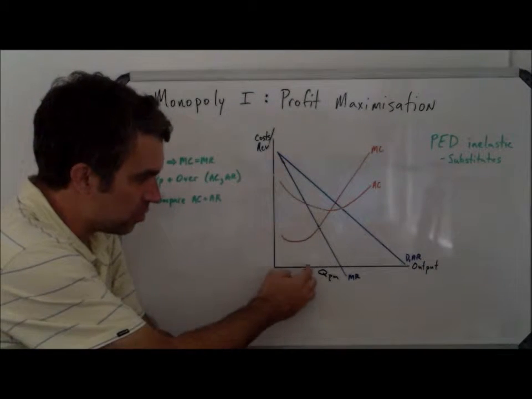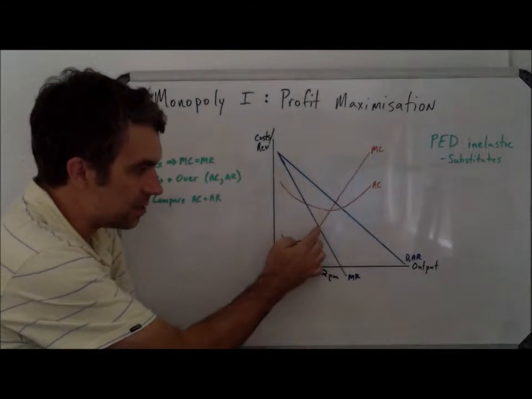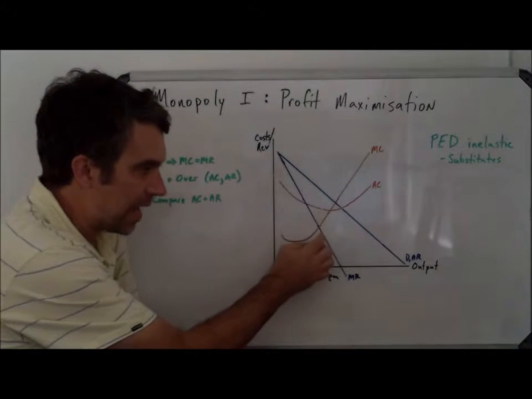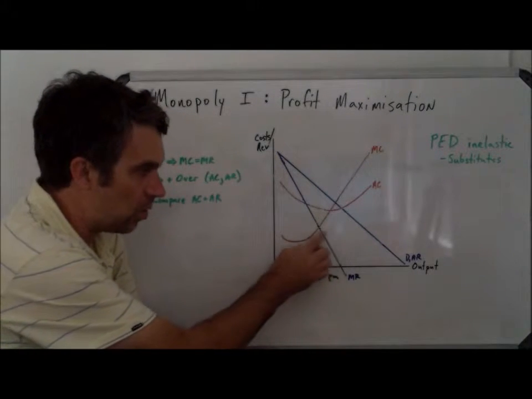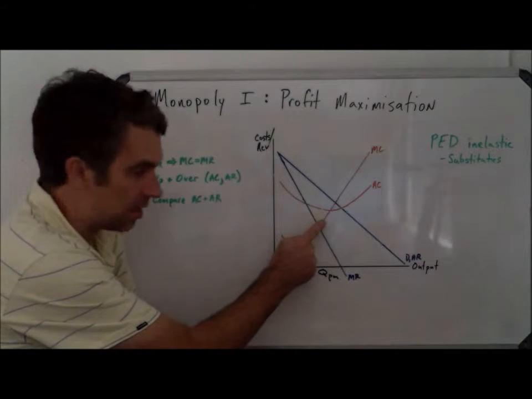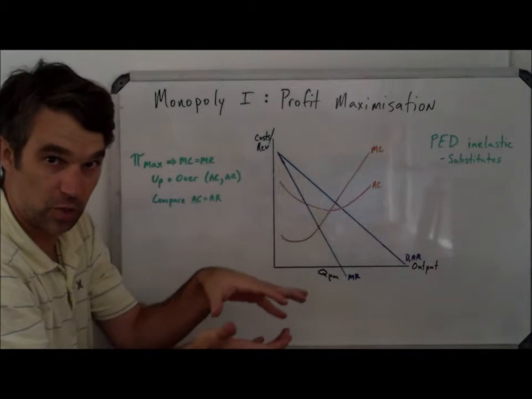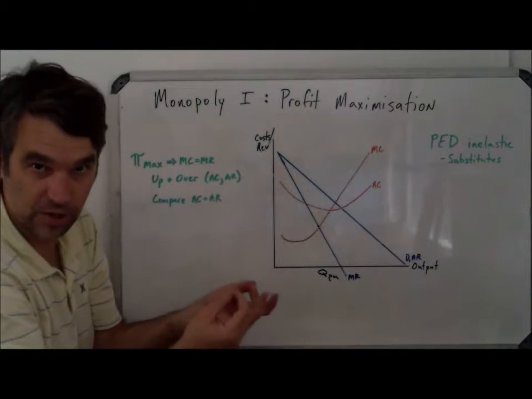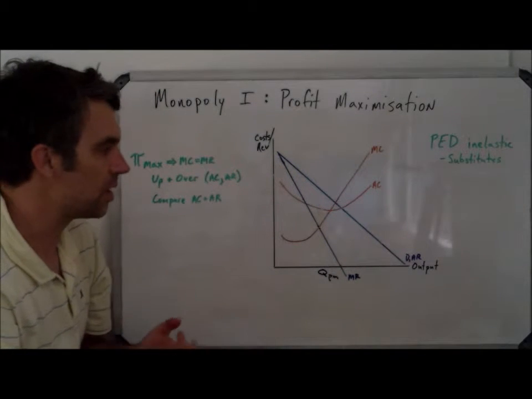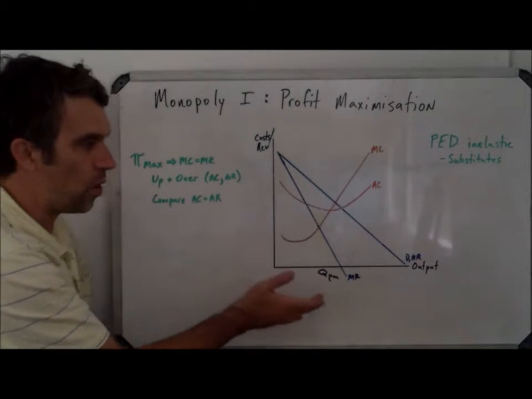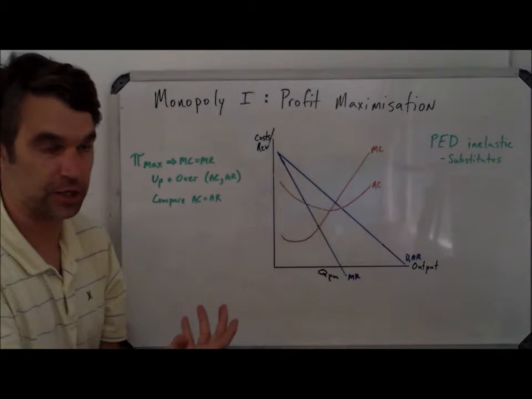That remains true until they intersect. Once I go past there, if I produce one more, the extra costs are greater than the extra revenue, so my profit has to shrink. So this is the point at which profit will be the largest.